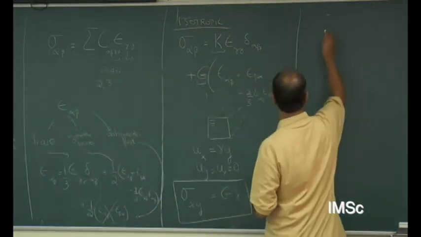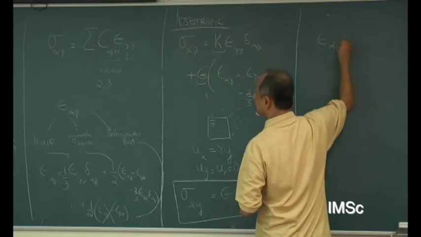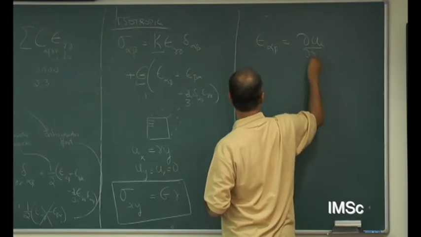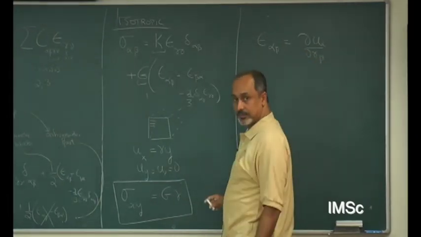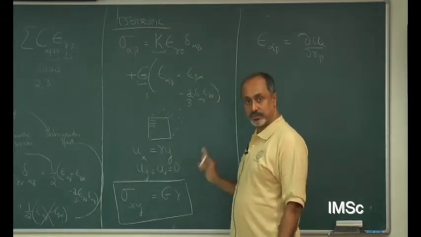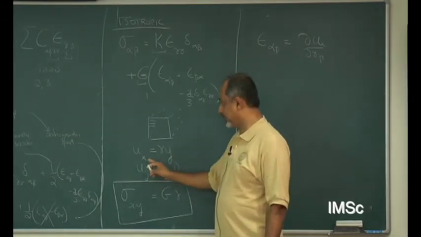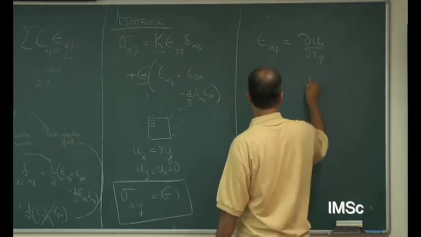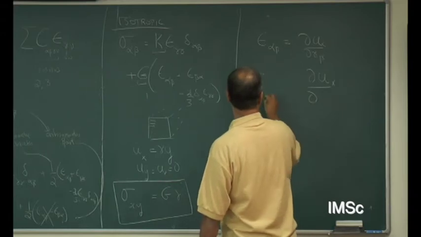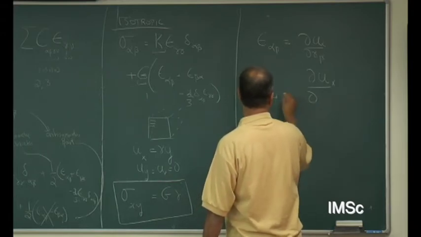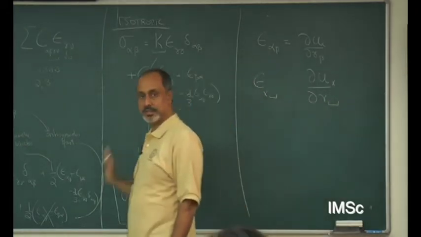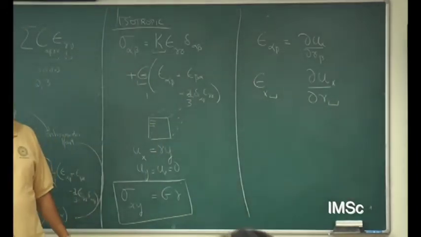So let us say epsilon alpha beta is the derivative of the alpha component with respect to the beta distance. Okay? Only one component is non-vanishing. Every other component goes to 0. So the only component is ux. So that is delta ux by delta r something, because that's the only one that doesn't vanish. Clear?